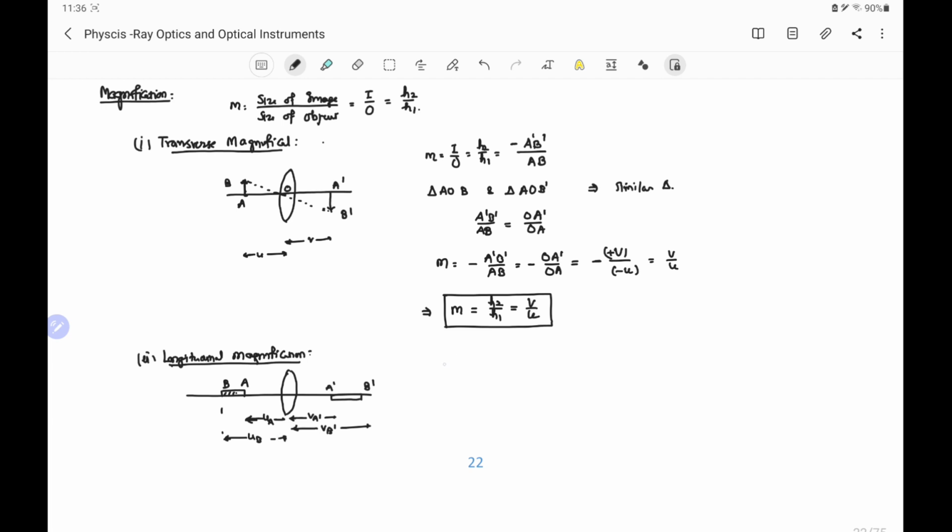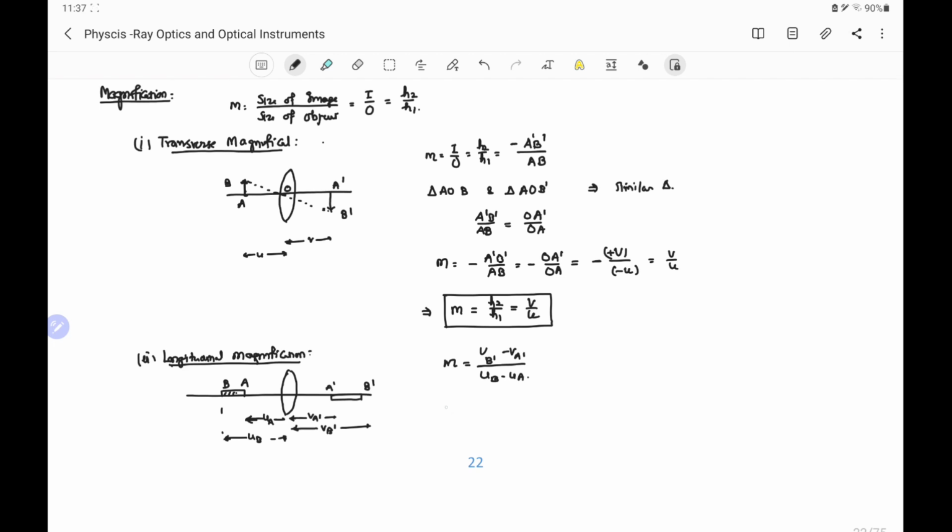Therefore, the lateral magnification for the lens will be the length of the image divided by the length of the object. So the length of the image will be VB dash minus VA dash divided by UB minus UA.